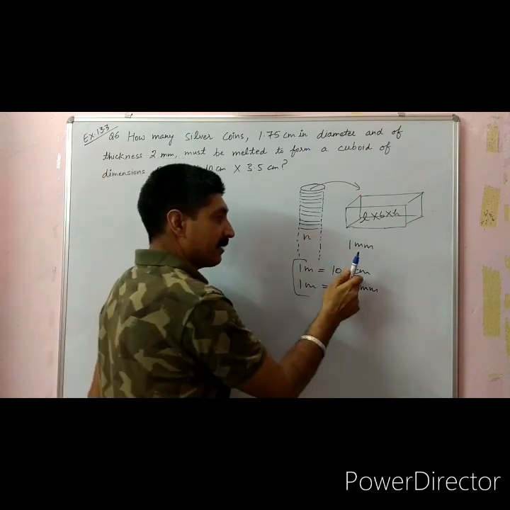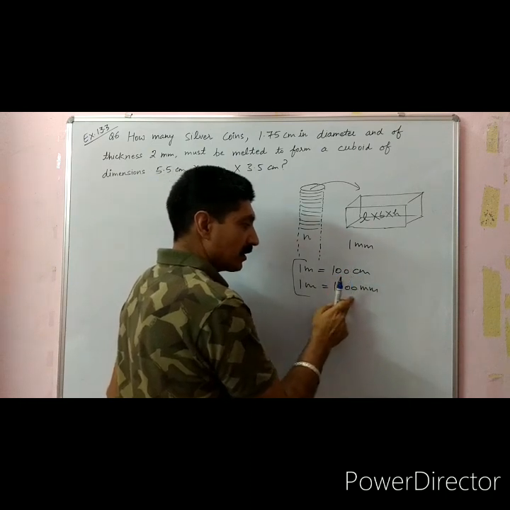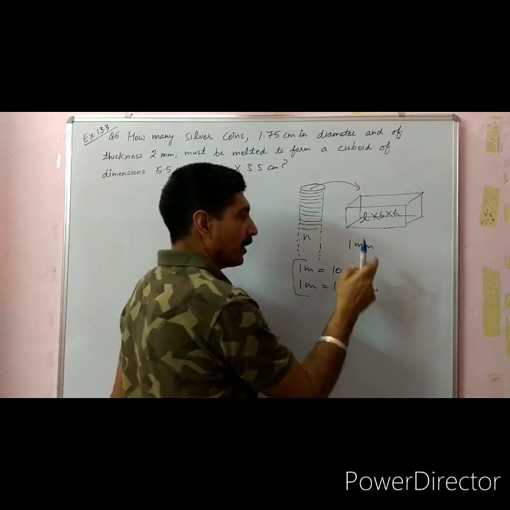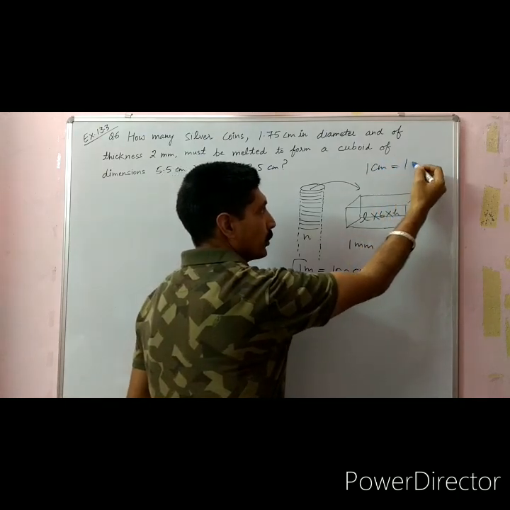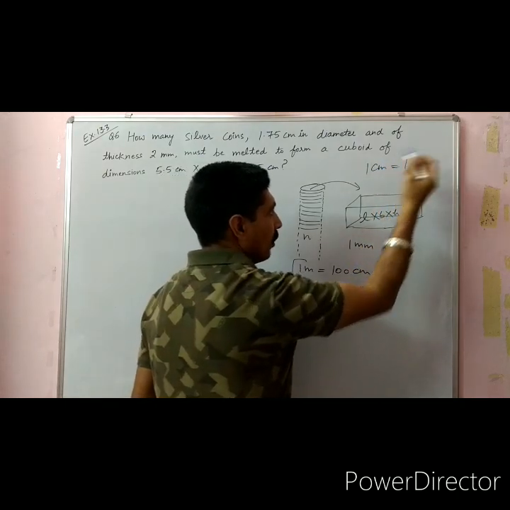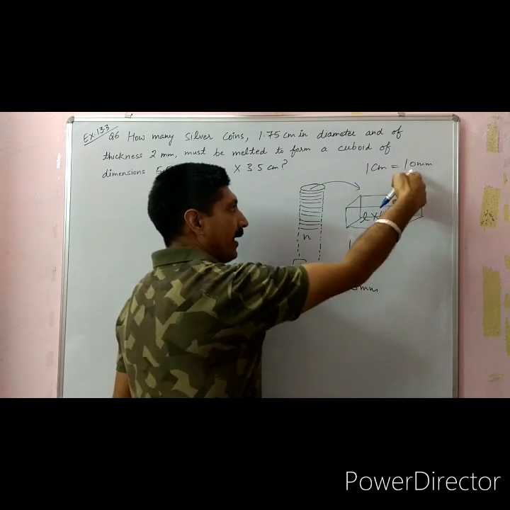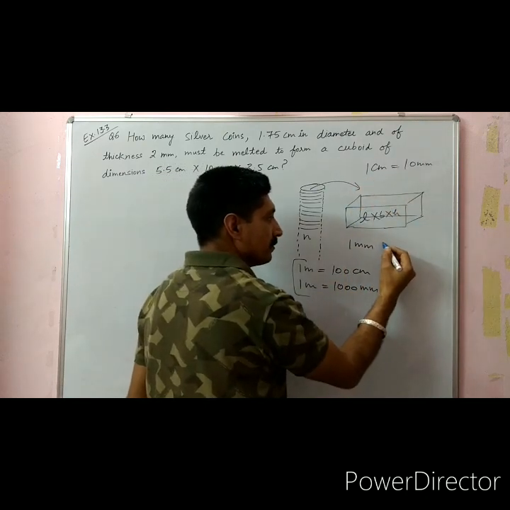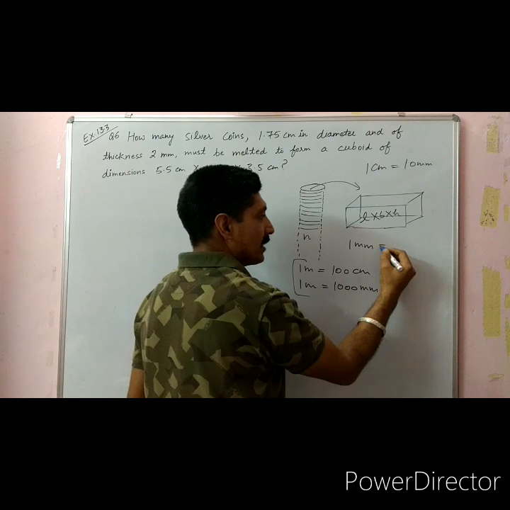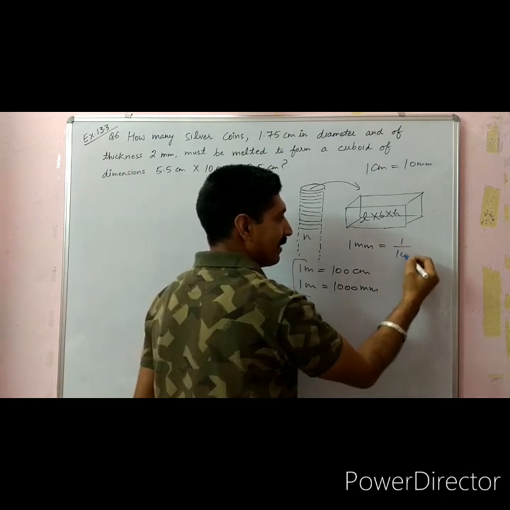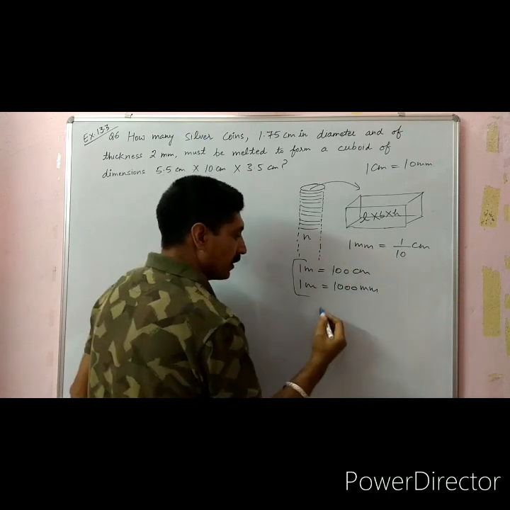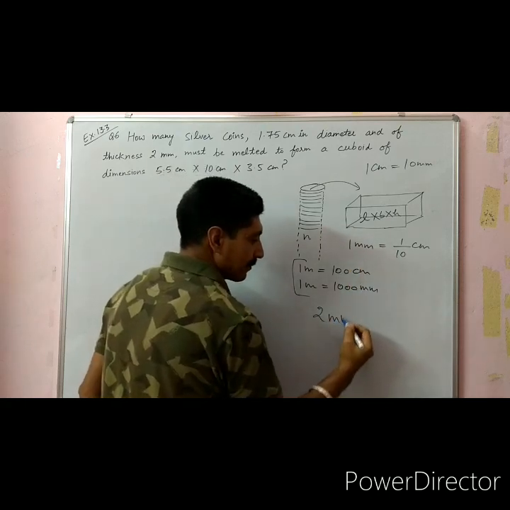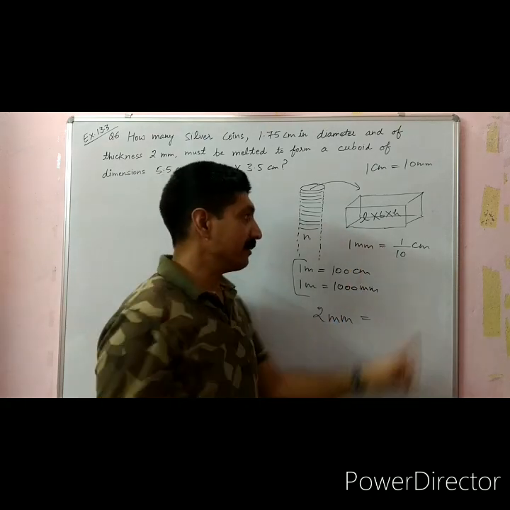So 10 centimeter is equal to 1000 mm. So here we have 1 centimeter is equal to 10 mm, or we can say that 1 mm is equal to 1/10th of a centimeter. So 2 mm is equal to how many centimeter?